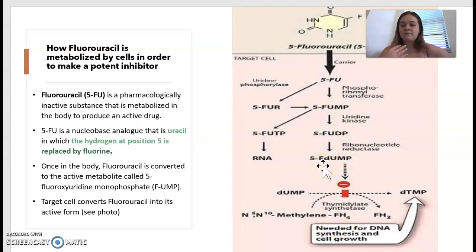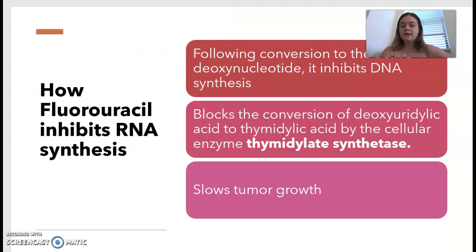And then once it is inside of the body, it converts into the active deoxynucleotide, and it inhibits DNA synthesis. So what it's doing there to inhibit DNA synthesis and RNA synthesis is it blocks the conversion of deoxyuridylic acid into thymidylic acid by the cellular enzyme thymidylate synthase.